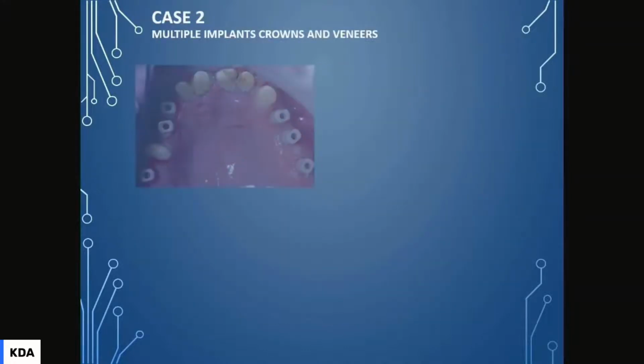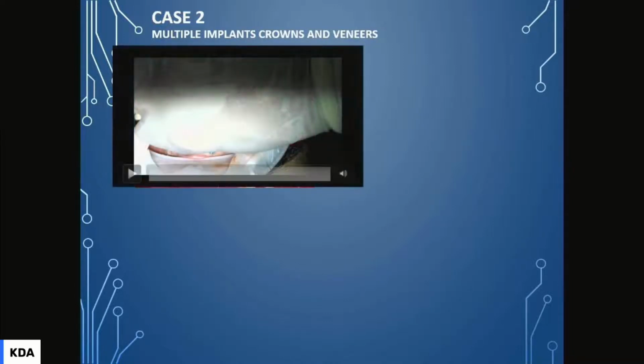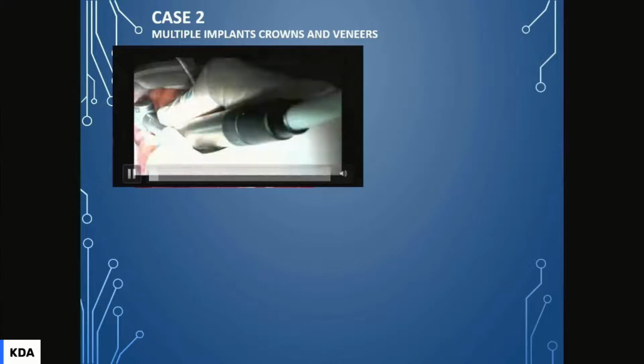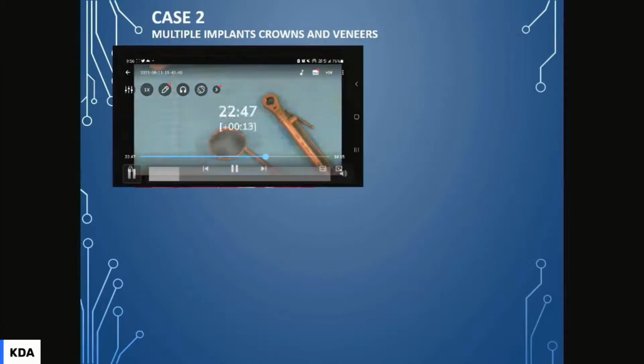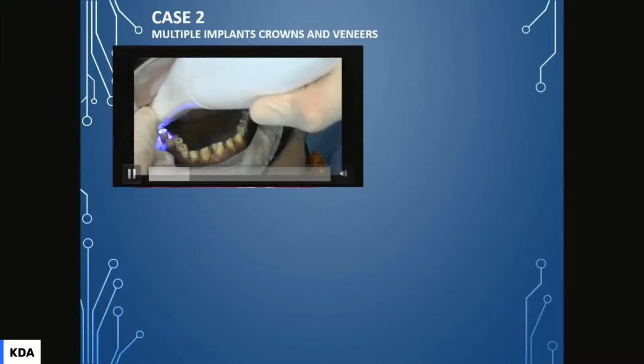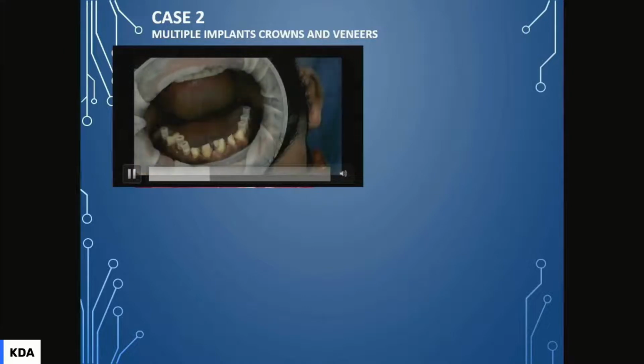Case number 2. Can we restore multiple implants with crowns, veneers, and implants? Let's check. So this is a video that I've done. It shows the process of taking our digital impression of our scan bodies and our teeth.